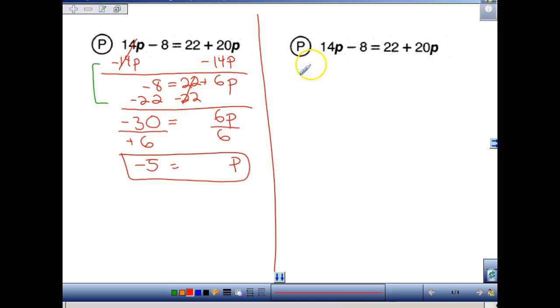So you can do this. Subtract 14p on both sides, just like we did before, right? But also, subtract 22 on both sides. Right? So everything has something written below it. Everything is being added, subtracted at the same time.